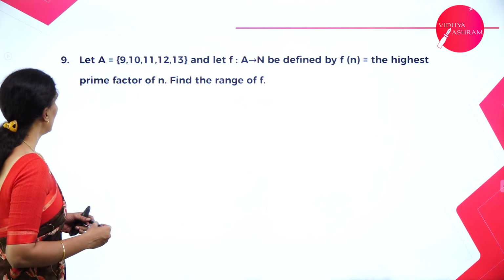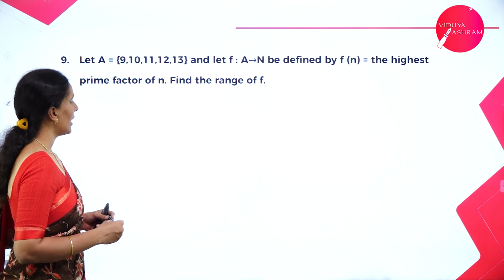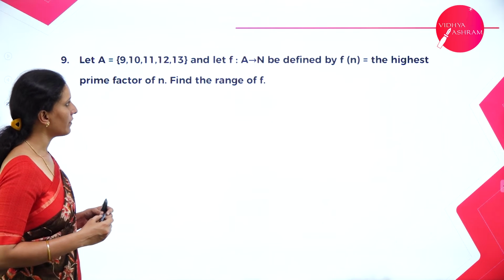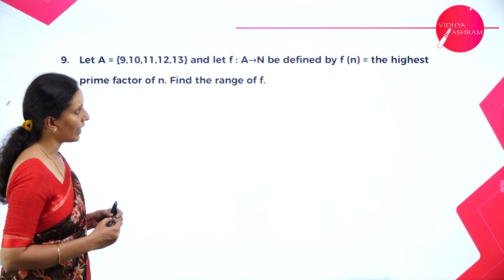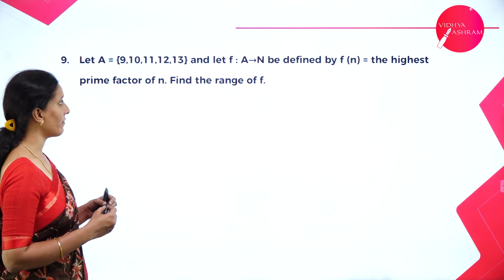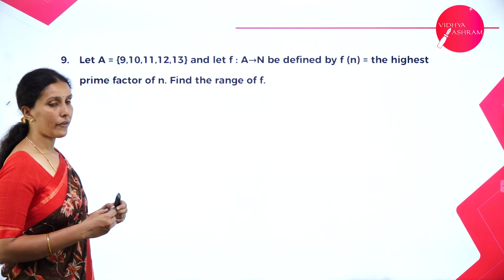Next we have, let A be equal to 9, 10, 11, 12, 13 and let f be a function from set A to the set of natural numbers defined by f of n is equal to the highest prime factor of n. Find the range of f.